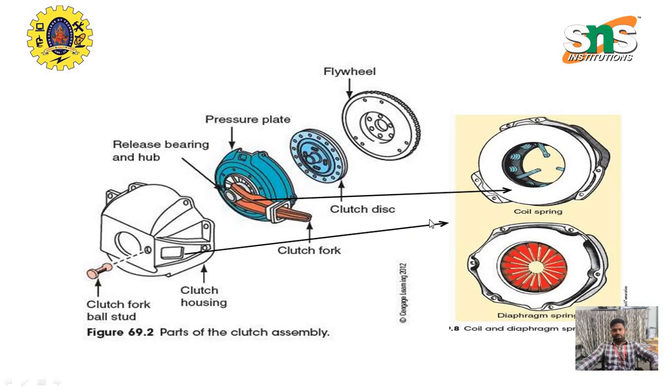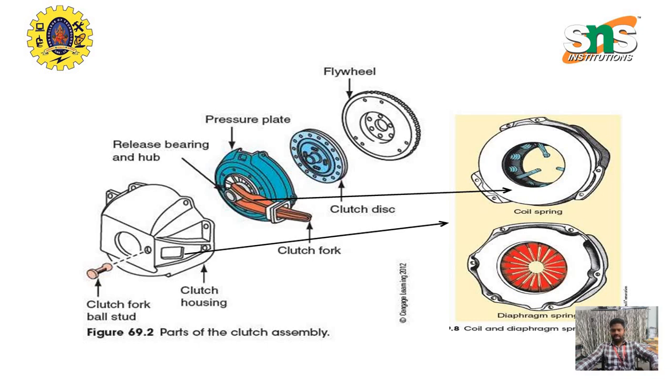Here we also include different types of springs that are attached to the pressure plate. The types of springs that we use may be the coil spring or the diaphragm spring. The coil spring may include a number of coil springs in between, so that we can apply the pressure as desired.